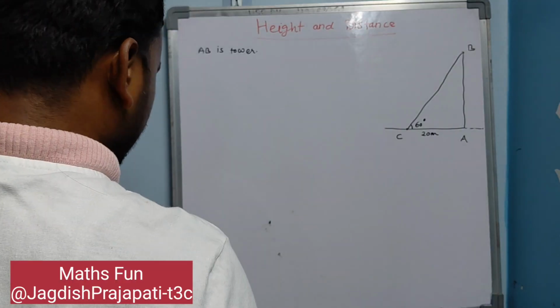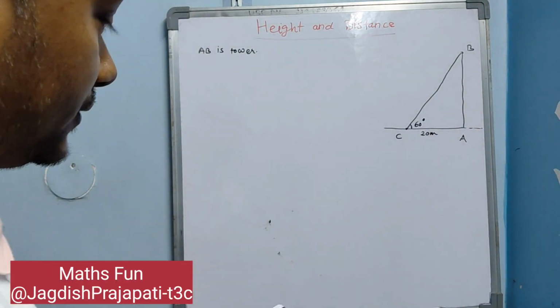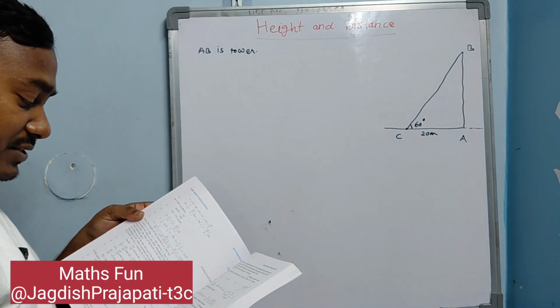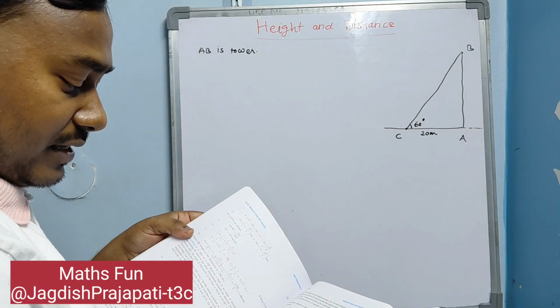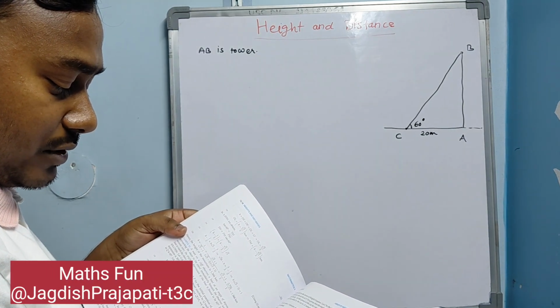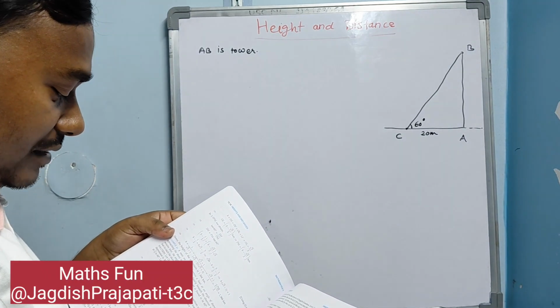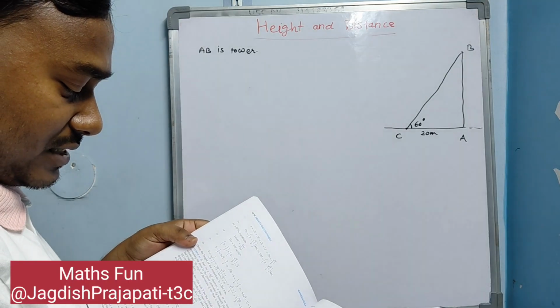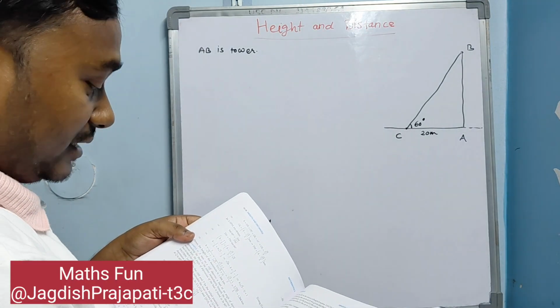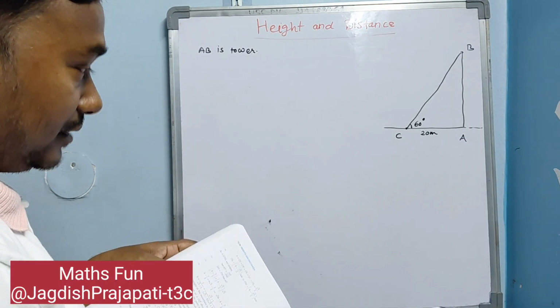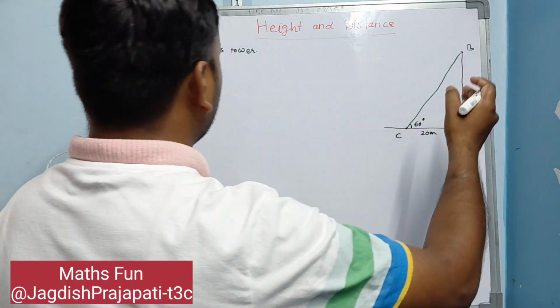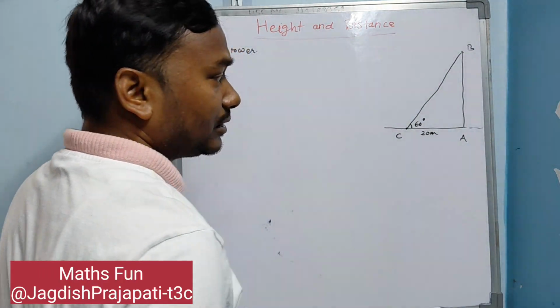So the question is: a tower stands vertically on the ground, and from a point on the ground which is 20 meter away from the foot of the tower, the angle of elevation of the top of the tower is 60 degree. What is the height of the tower? We assume that AB is the tower.